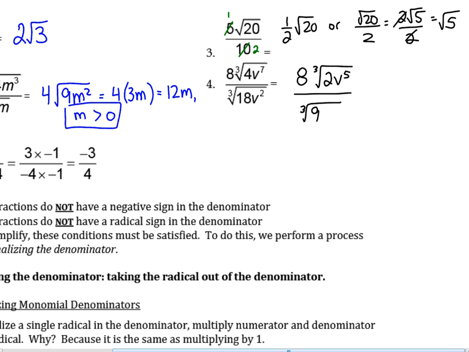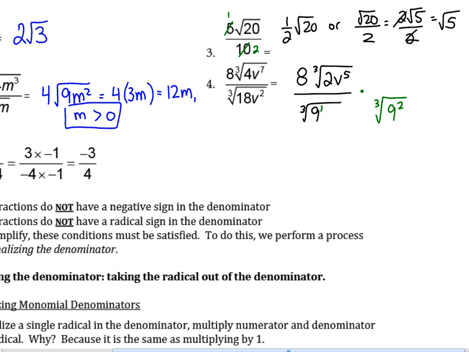Now, to rationalize a cubic root, I'll just do it with you really quickly. We want to get rid of the radical. And so what I'd have to multiply by is the cubic root of 9 squared. The reason it's 9 squared is when we're multiplying things with the same base, we add the exponents.